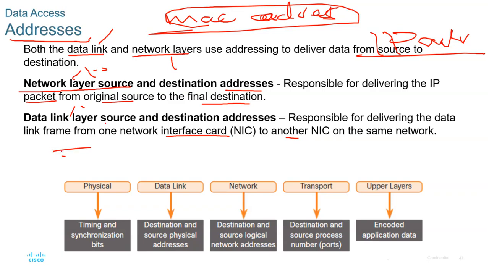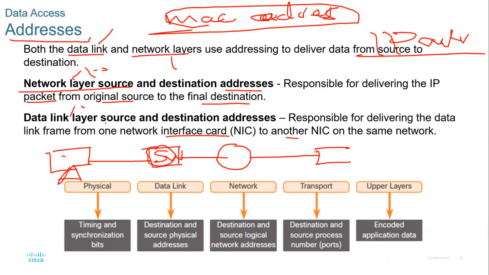What does that mean? If I have a PC connected to a switch, then to the router, and then this is the other PC. For the MAC address, responsible for delivering the data link frame from one network interface card, there is a network interface card here, and then another network interface card here.